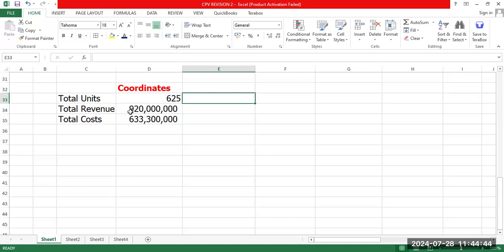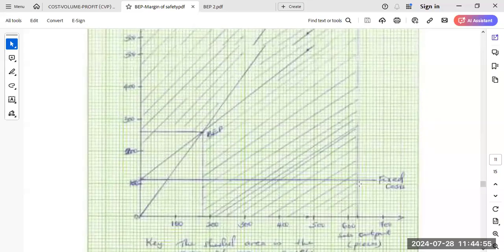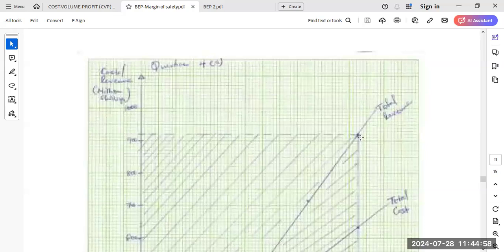Then look for 920 on the vertical axis. I stand here. This is where I have my 625. Then I look for 920 on the vertical axis, and 920 is around here. Because this is 800, 900, then 920 is approximately here. So that's why you see there is an arc here. Are you okay?